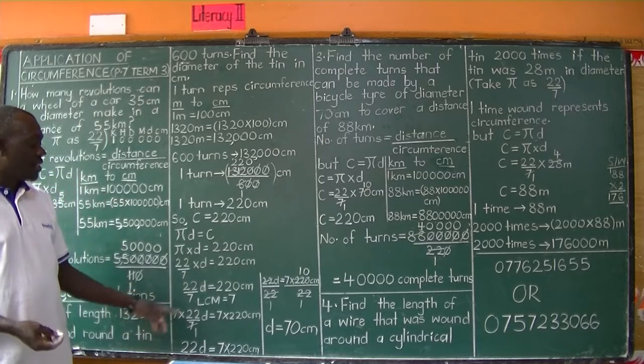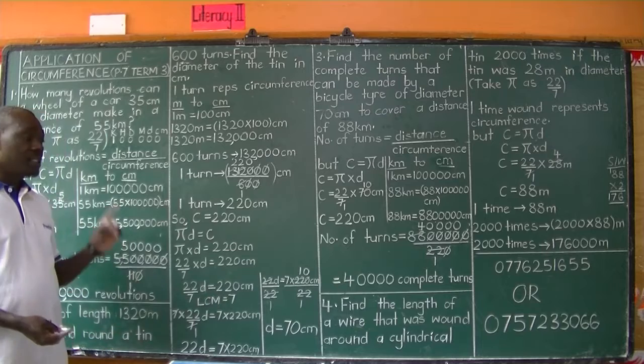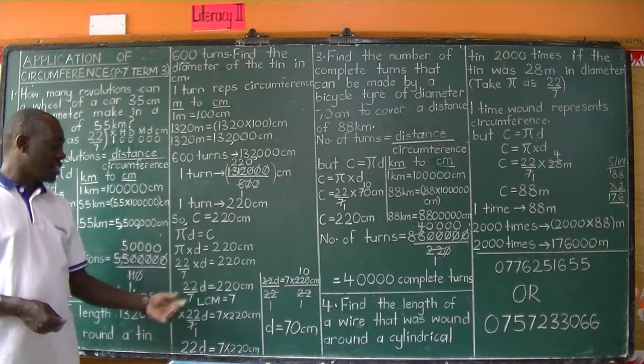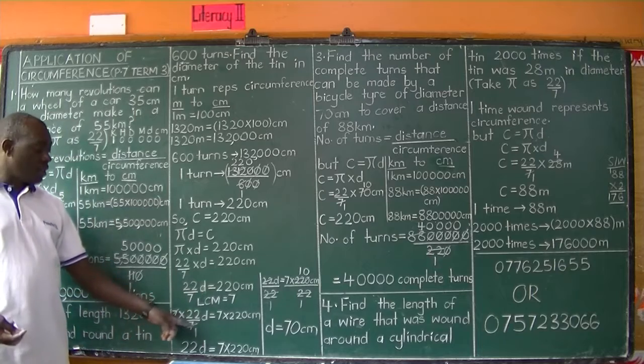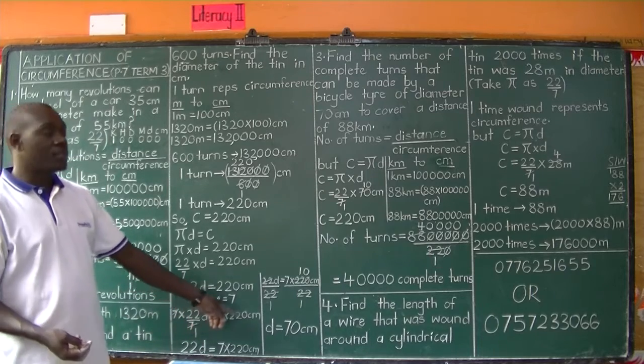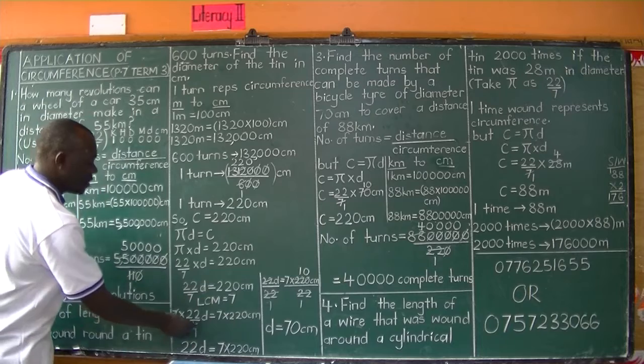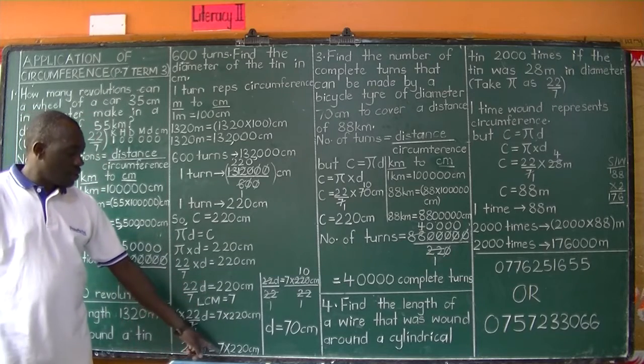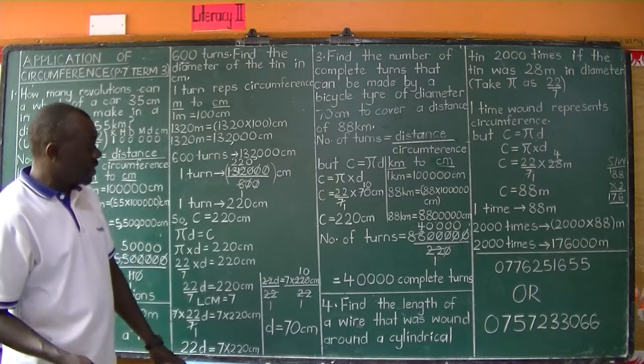Here we have a fraction, and this is a sign. So I've got 2 denominators whose LCM is 7. So evenly multiply either side by 7. We say 7 times 22d over 7 equals 7 times 220 centimeters. We say 7 by 7 once, remaining 22d, which is equal to 7 times 220 centimeters.